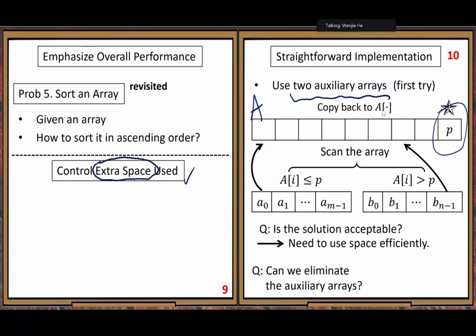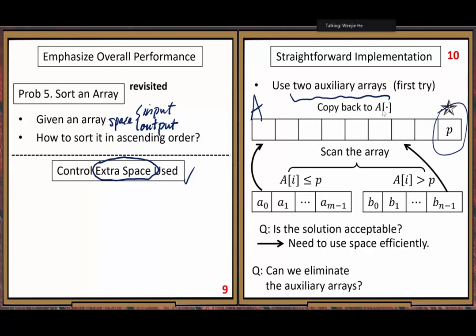When we work on our data, we always need space to store input and output. That's the normal space usage for all computing problems.